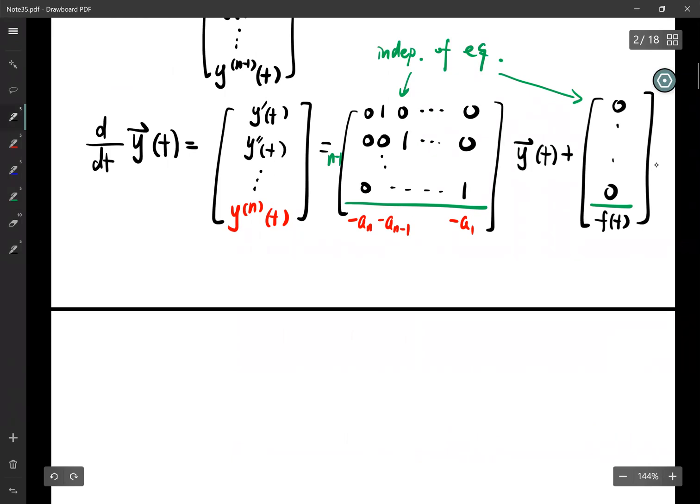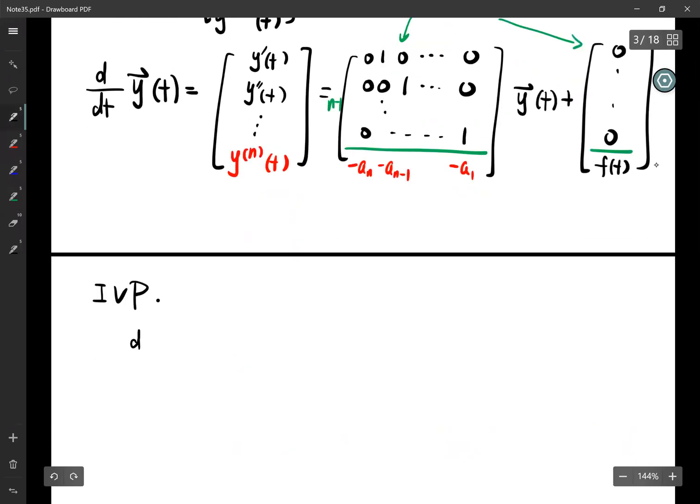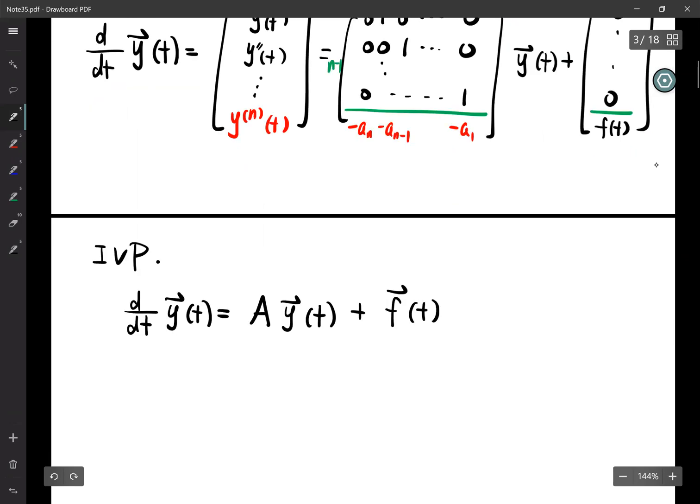Then we can talk about the initial value problem, which is: I start from d/dt y(t) equals A y(t) plus some f(t), and we start from y at some initial time t naught, equal to y naught, and this should be in R^n.